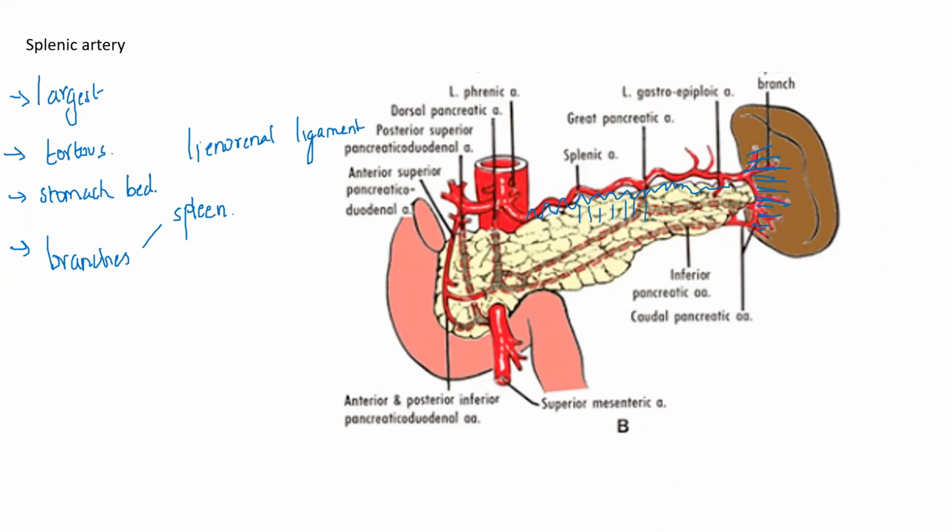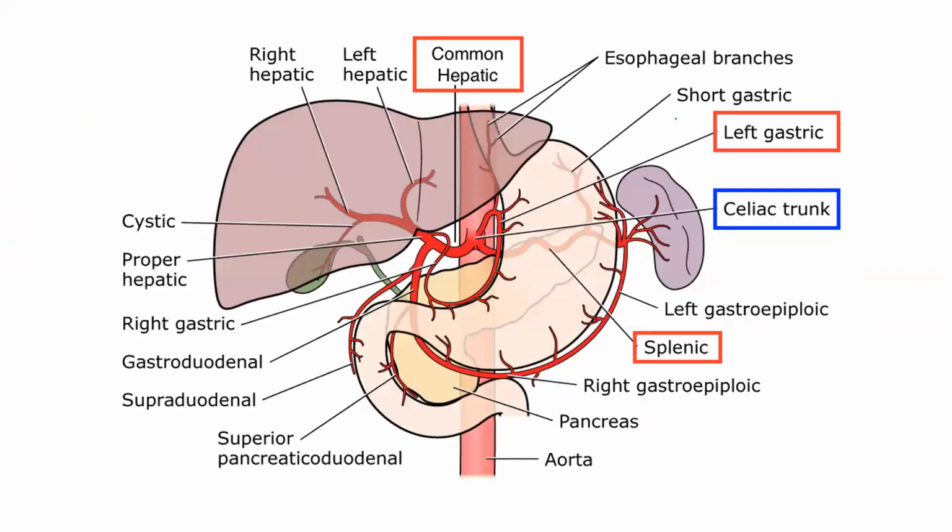Since it's running along the upper border of the pancreas, it gives branches to supply the pancreas. One of these branches is a little bigger. It is called the arteria pancreatica magna or the greater pancreatic artery.